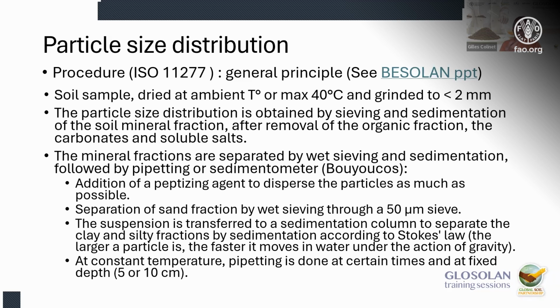The bigger particles go to the bottom faster than the little ones. That's called Stokes' law. If you follow this law, you can work out, according to the time, the dimension of the particles that will be at a given distance from the upper part of the column.